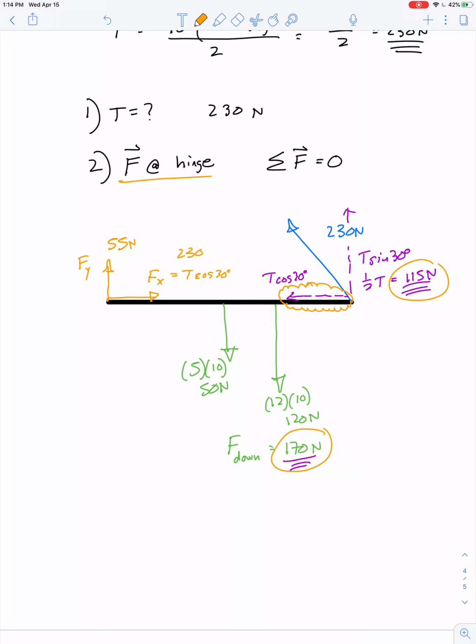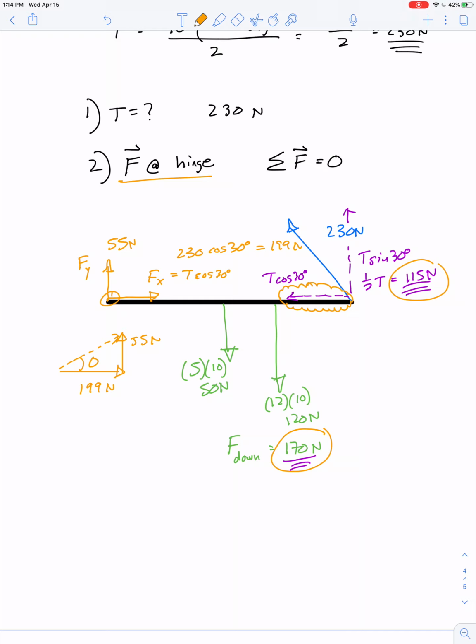So if you do 230 times the cosine of 30 degrees, your calculator should say that's 199 newtons. So overall, at the hinge, we have a force to the right of 199 newtons, a force in the vertical direction of 55 newtons, and so the overall reaction force points at some angle.